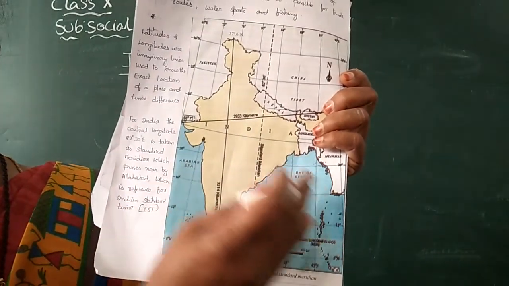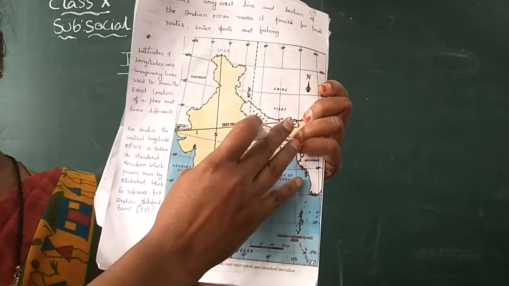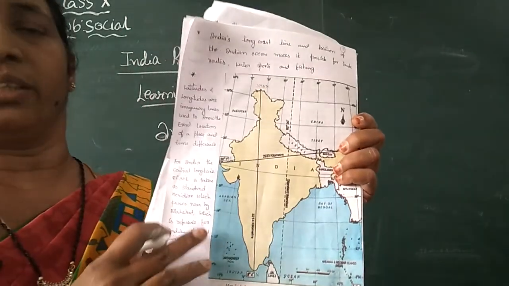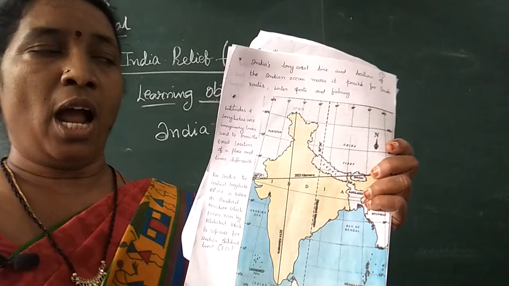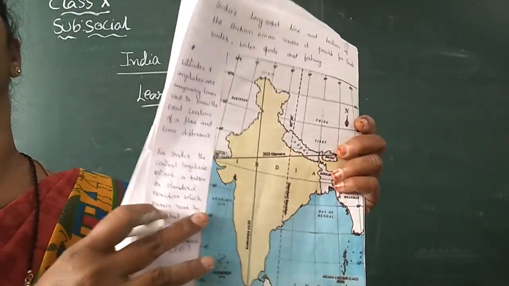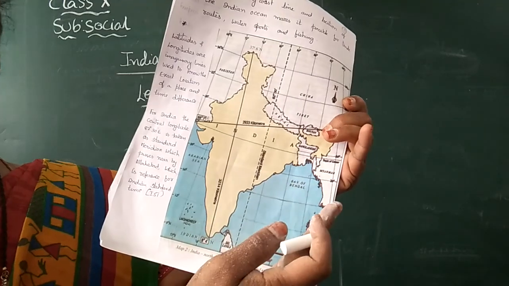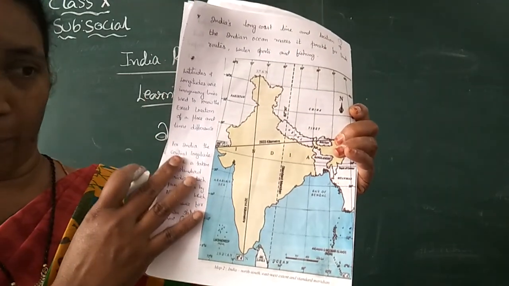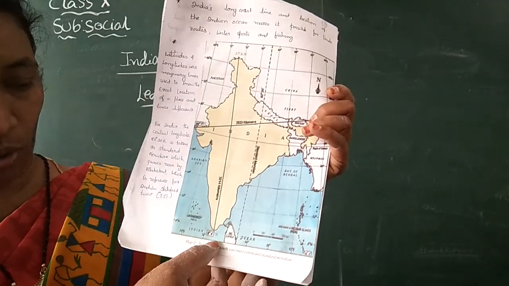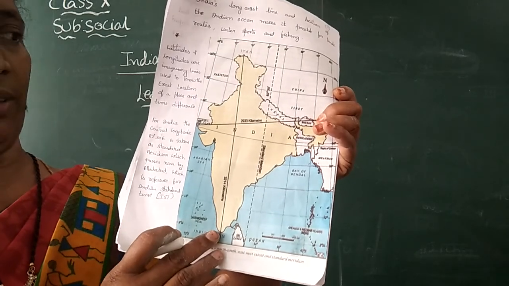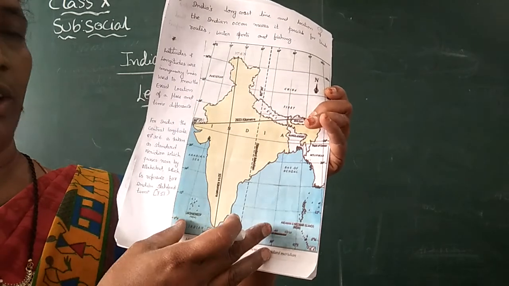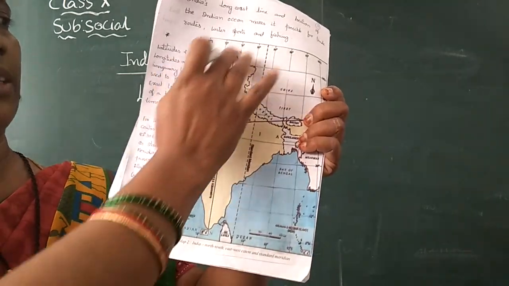Peninsula means three sides water and one side landmass. Three sides covered with water and one side land is called a peninsula. So in the east we have the Bay of Bengal, in the west the Arabian Sea, and in the south the Indian Ocean. So it is three sides covered with water and one side with the Himalayas.